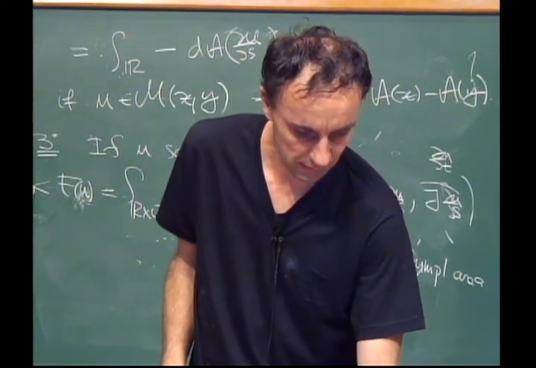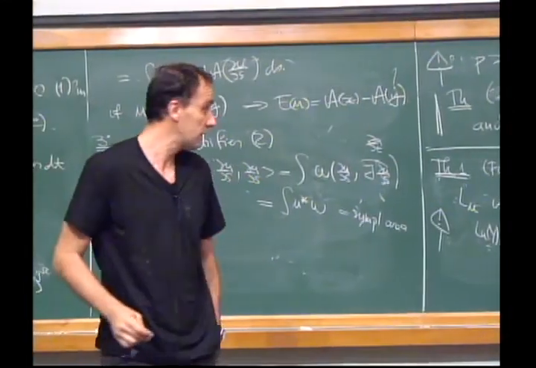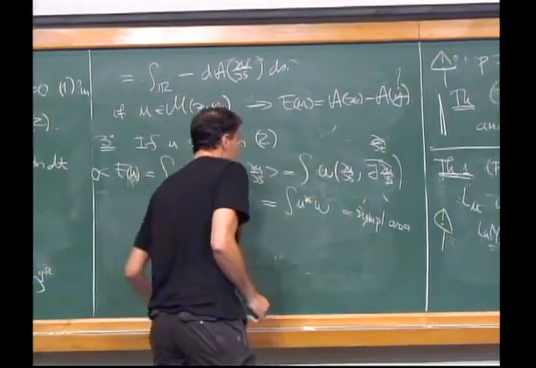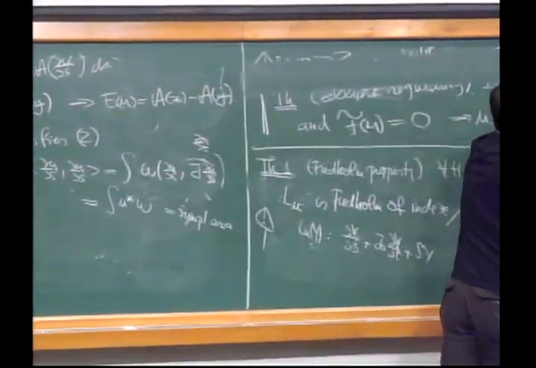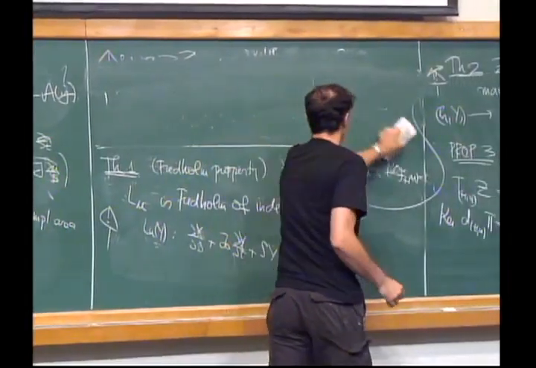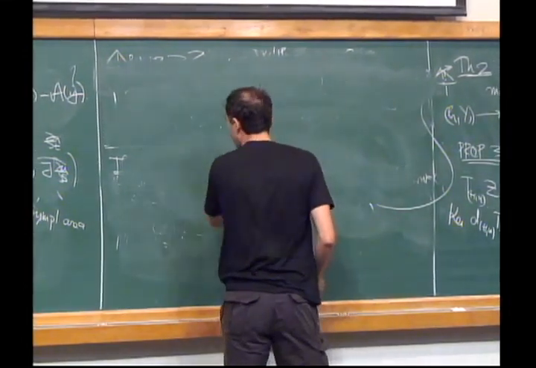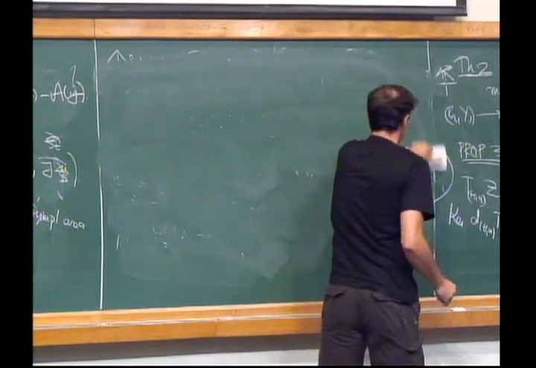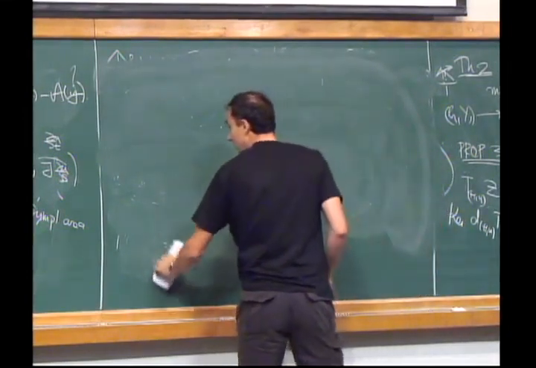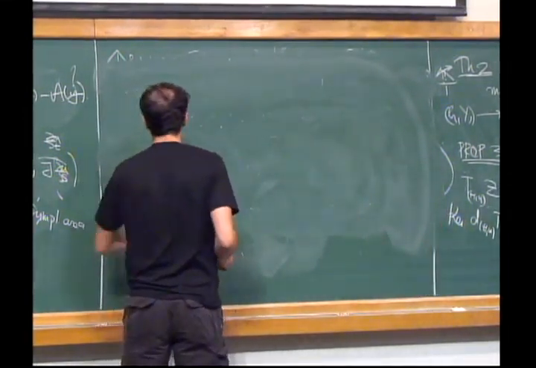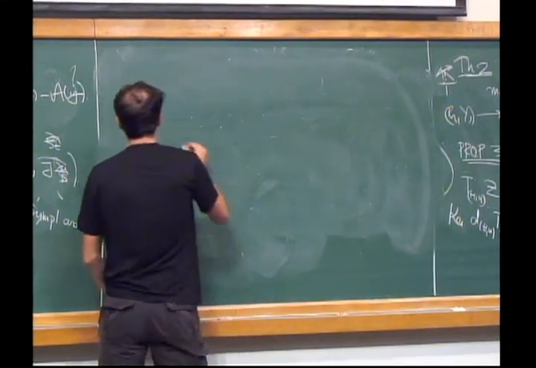Now, the compactness has two parts, and the first important part is called Gromov compactness.